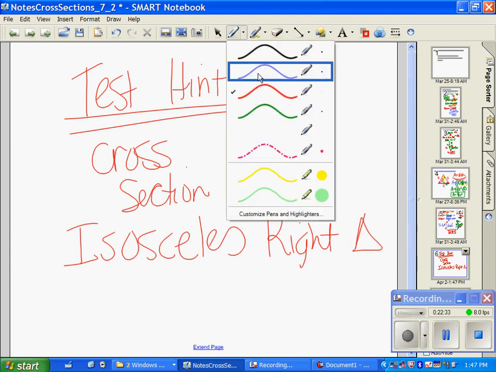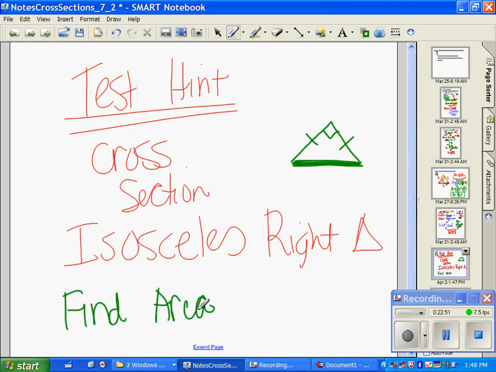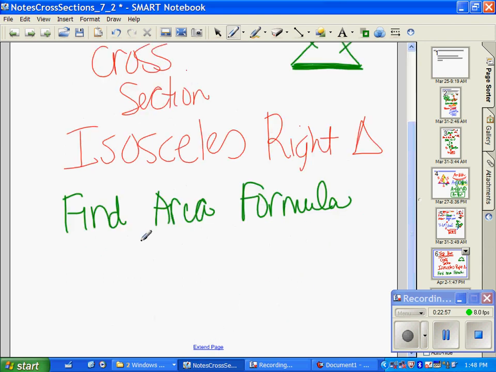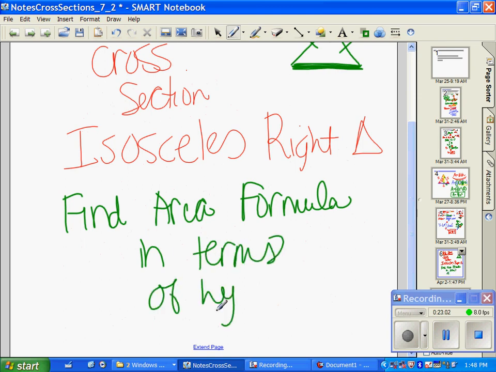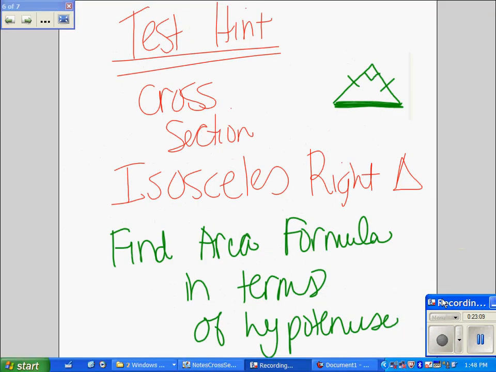What's going to happen is you're going to have this isosceles right triangle, and the hypotenuse is going to be the information that you know. So you want to work on trying to find the area formula for an isosceles right triangle in terms of the hypotenuse. You'll just plug in the hypotenuse.